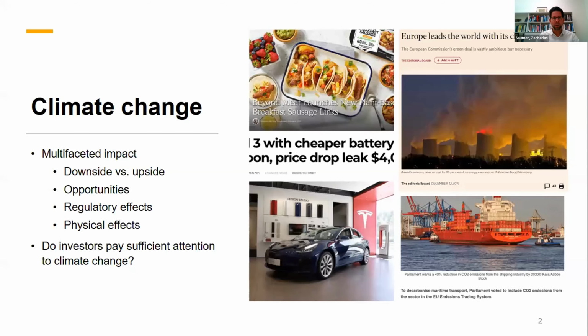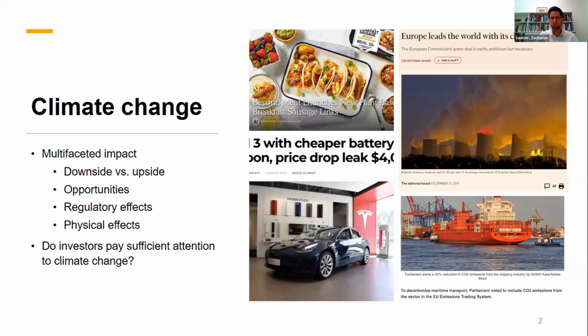Let me start with two observations. Both of them resemble what Johannes was saying in his introduction. First observation: climate change has very multidimensional effects on companies. There are downside and upside effects. Some firms will benefit, some will suffer.